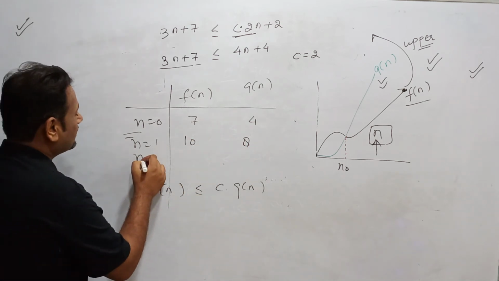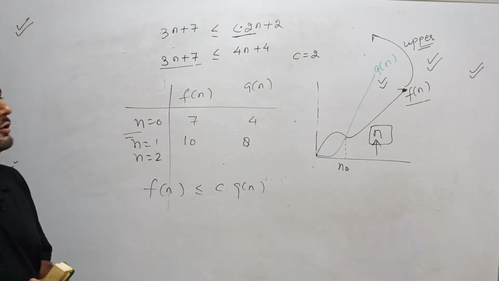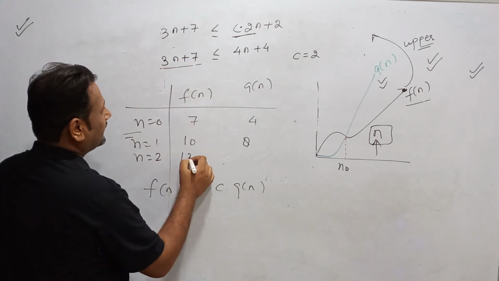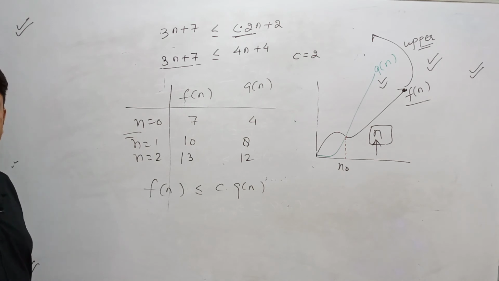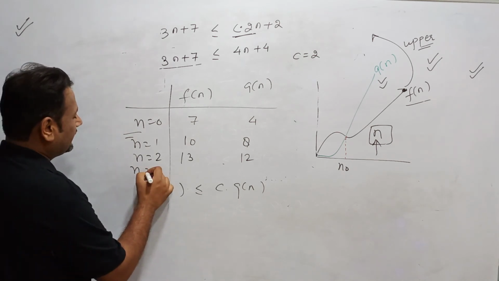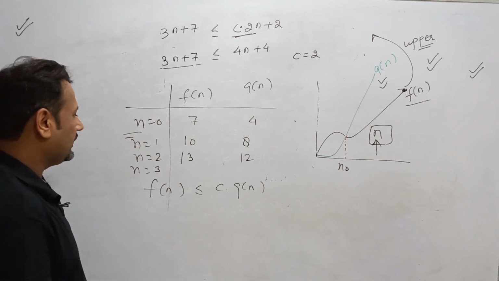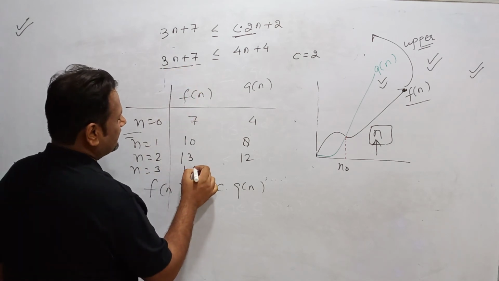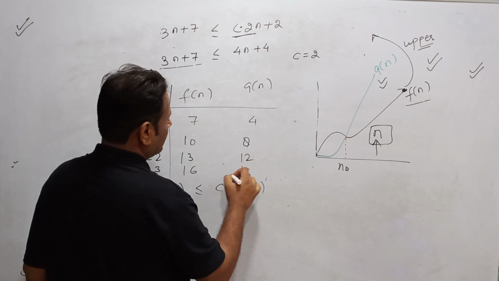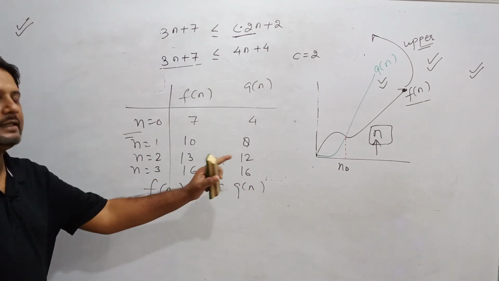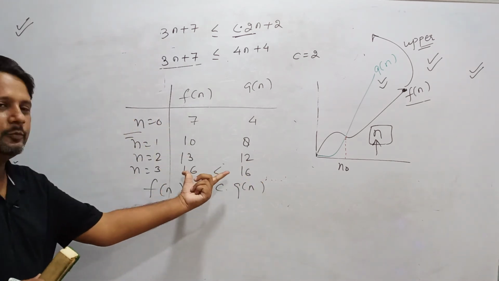Now take n = 2. This will give me 13 and this will give me 12. Still not true. Now let me take n = 3. 3 3s are 9 plus 7, 16. 4 3s are 12 plus 4, 16. Now you can say 16 is less than or equal to 16, both are equal.